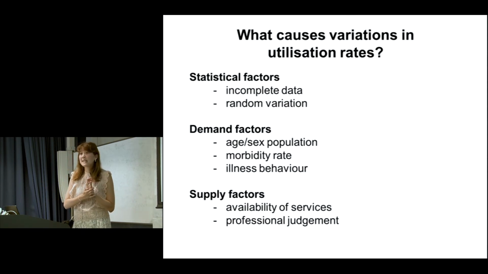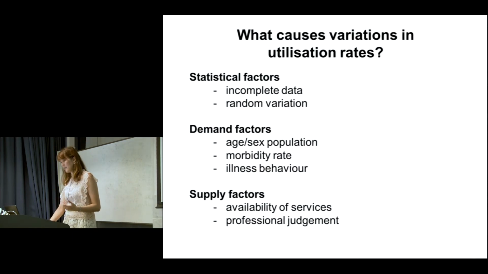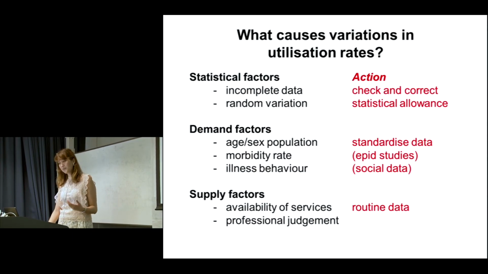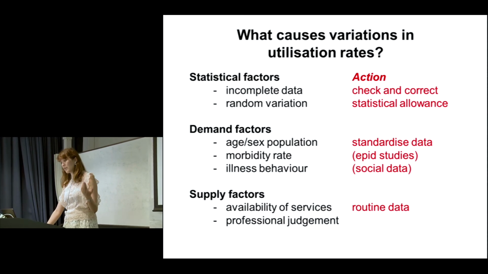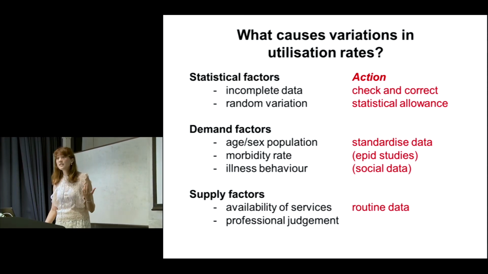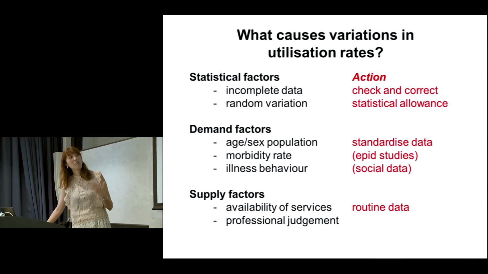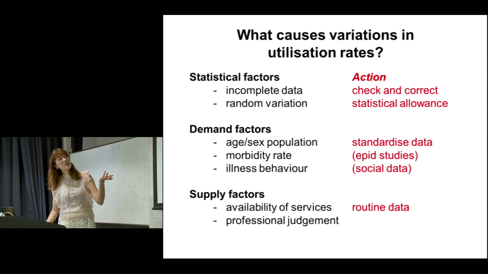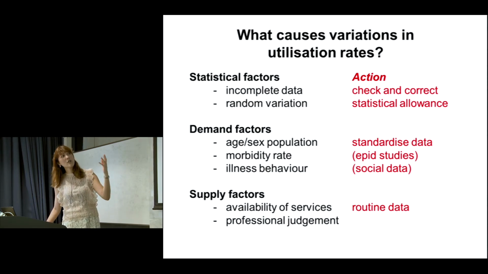We know that sometimes data is incomplete, and so we always have to question the data and make sure it's correct. Random variation can mean statistical differences, chance, bias, confounding, and that can explain some of the statistical factors. And so we can actually do something about those.